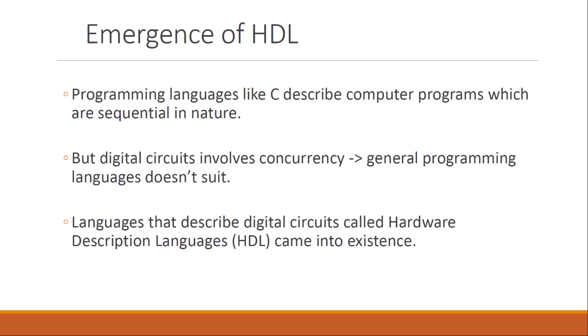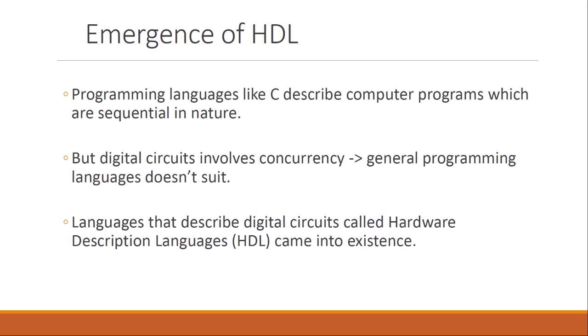So the general programming languages are not suitable for modeling these kinds of digital circuits, because if you consider just a simple circuit that has two AND gates, and then the outputs of these AND gates are connected to another OR gate, the signals that travel from input to output travel independently and parallelly.